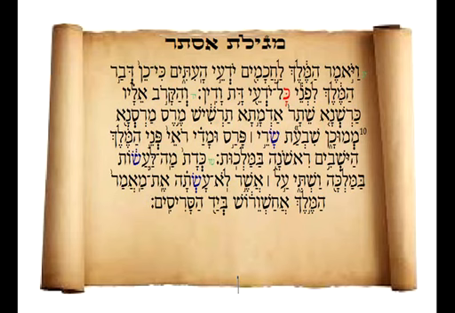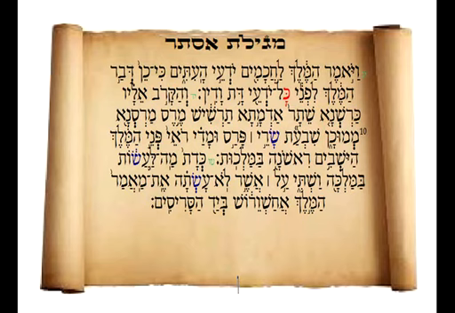The problem has arisen. The king has ordered Vashti to come before him, and she refused. So the king now turns to the wise men, those who know the times and are knowledgeable about the law.